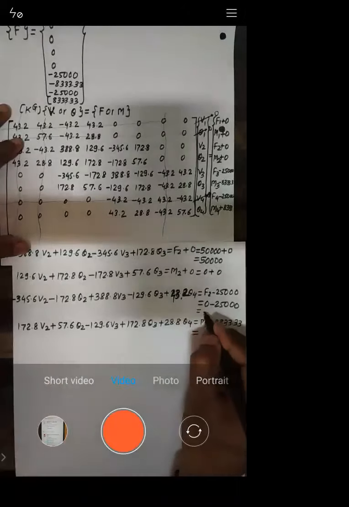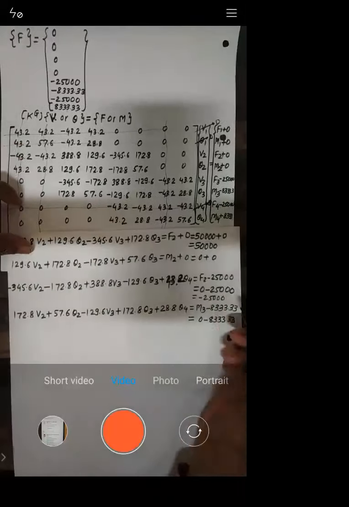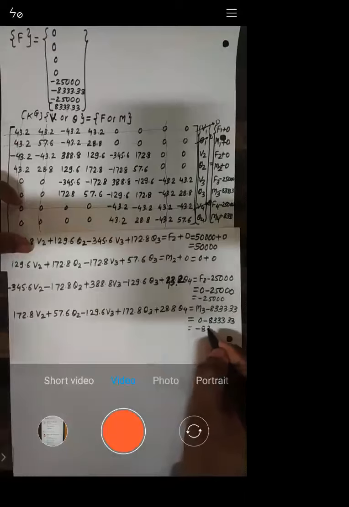But again, no moment is applied at node 3, so I'll take it as 0. So 0 minus 8333.3. This will come as minus 8333.3, right?